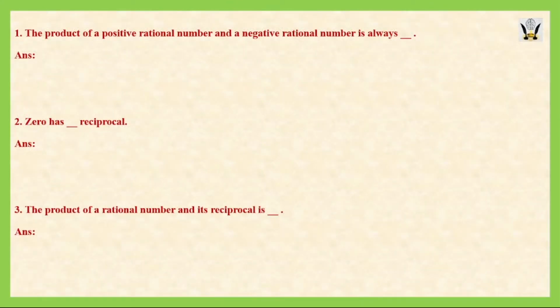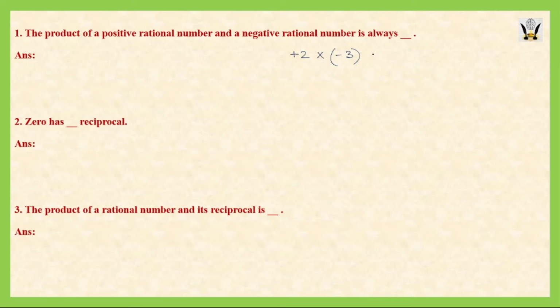The first question says, the product of a positive rational number and a negative rational number is always dash. What will be the answer? Say, for example, we take a simple example of a positive rational number, plus 2, and a negative rational number, minus 3.